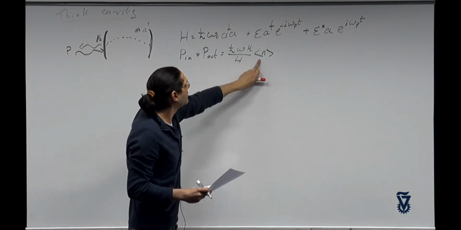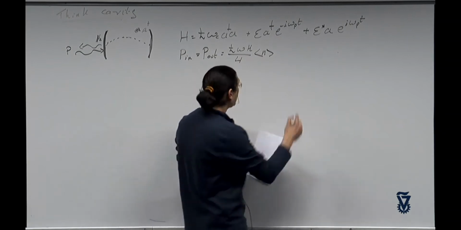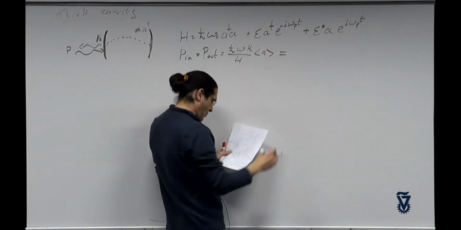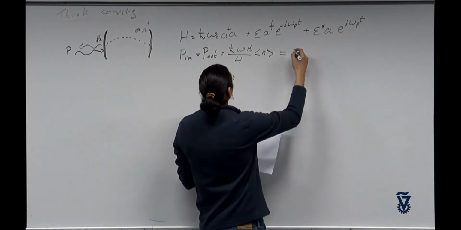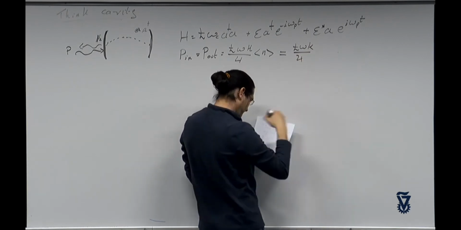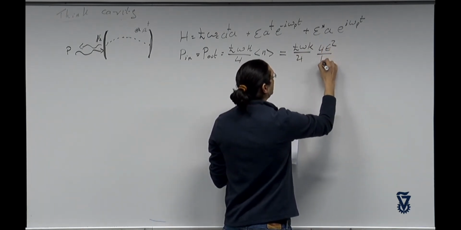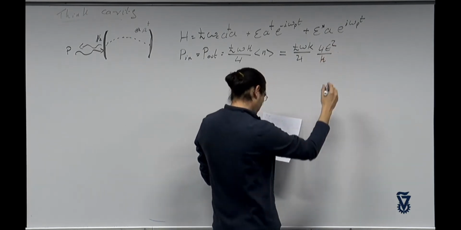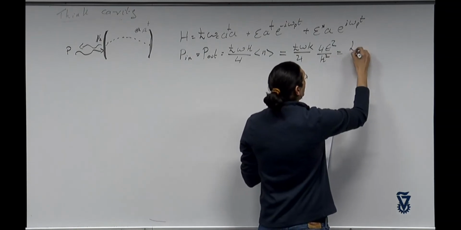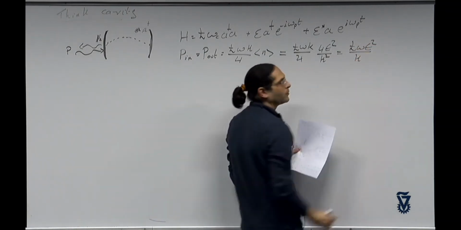Now n bar is just going to be related to epsilon, so I'm going to replace n bar with what epsilon is. So we're going to have h bar omega kappa over 4 times 4 epsilon squared divided by kappa squared, which gives us h bar omega epsilon squared over kappa.